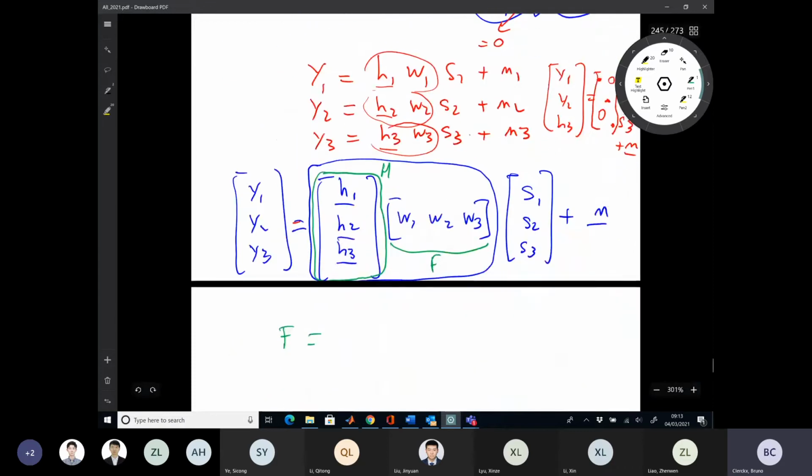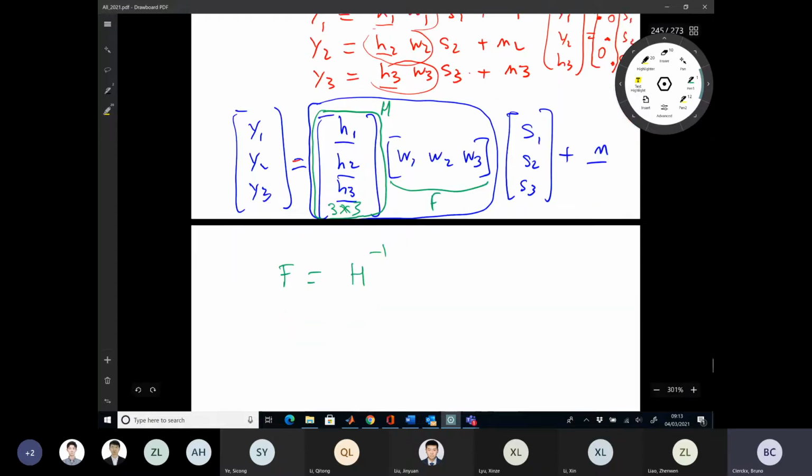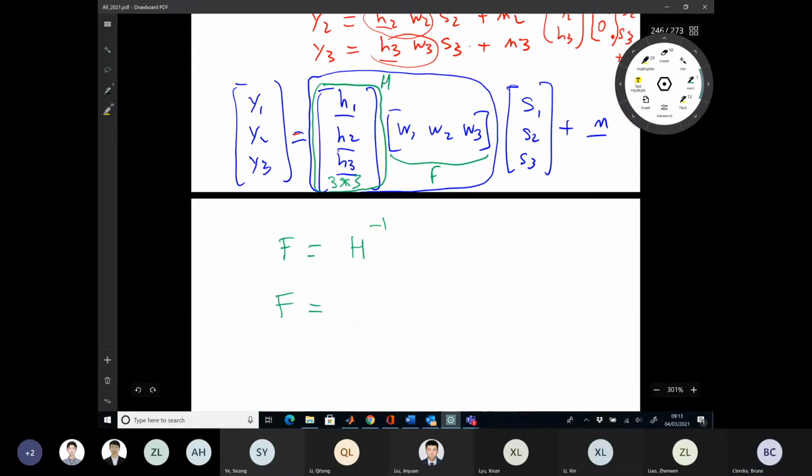So actually I can do just an inverse of H, assuming this is invertible. This would be a 3x3 matrix, since I have 3 transmit antennas and 3 receivers. This is for the 3x3 case.